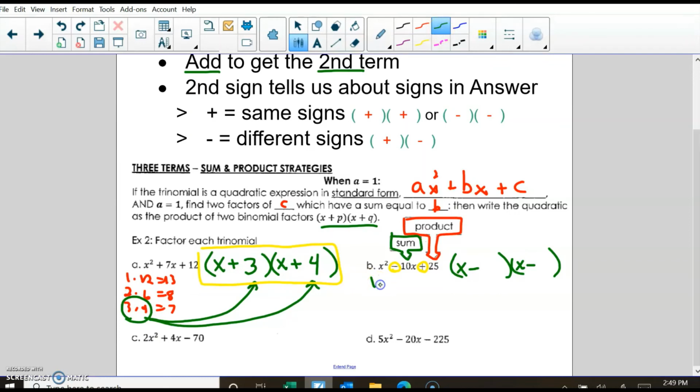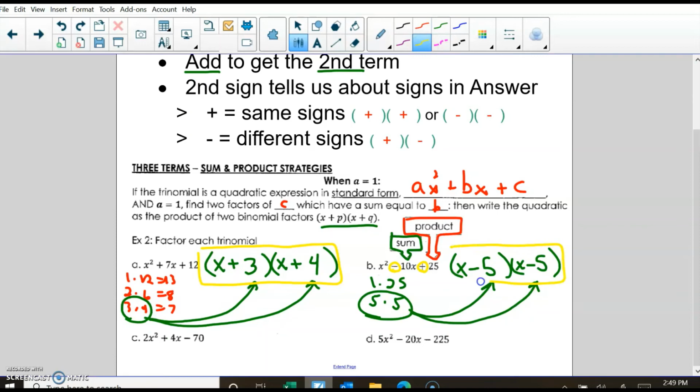You got 1 times 25. You got 5 times 5. Which one of those adds up to be 10? That would be 5 and 5. So you get a 5 in here, 5 in there. And there's your factorization of problem B.